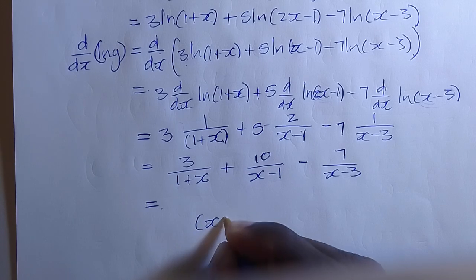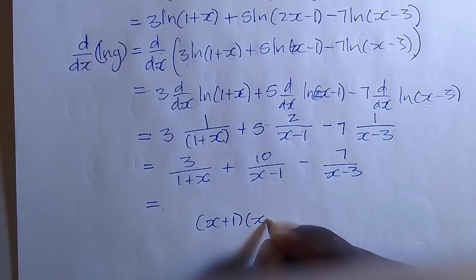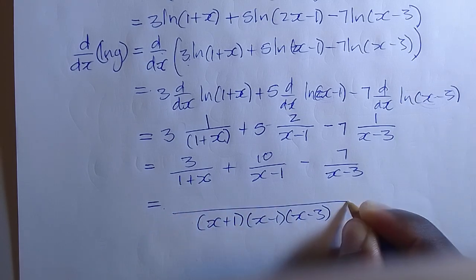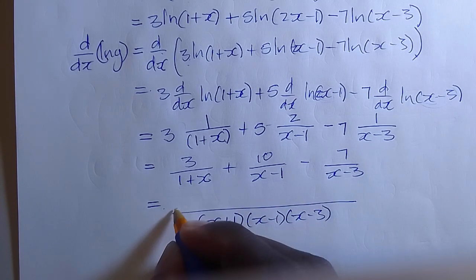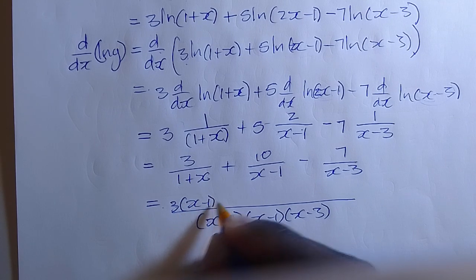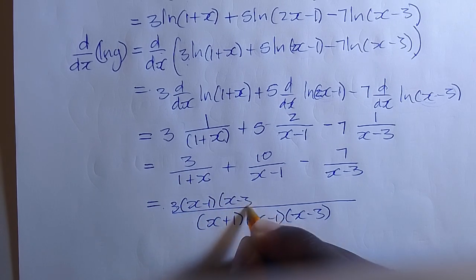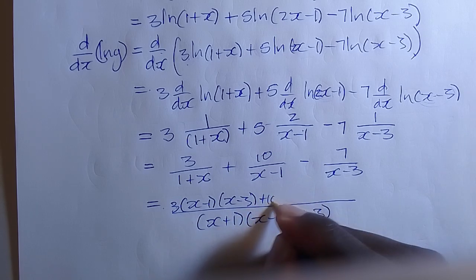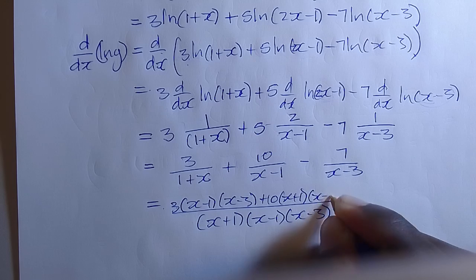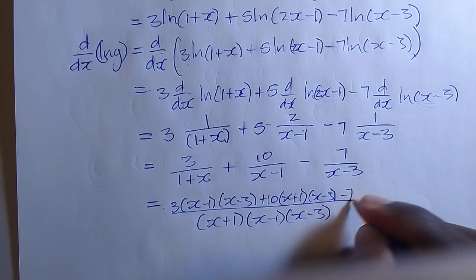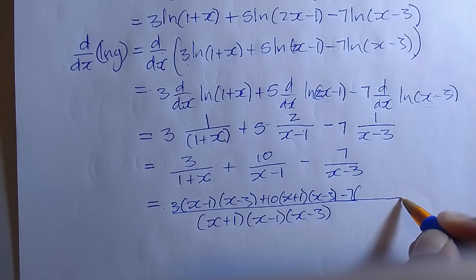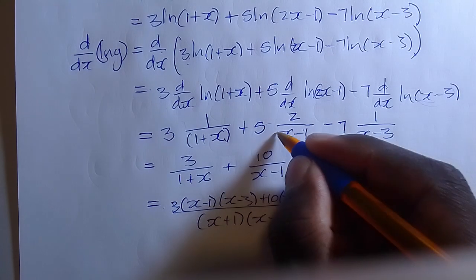The LCD will be x plus 1, x minus 1, x minus 3. And at the top, we'll have 3 into x minus 1, x minus 3, plus 10 into x plus 1, x minus 3, minus 7 into, wait, something was supposed to be 2x.